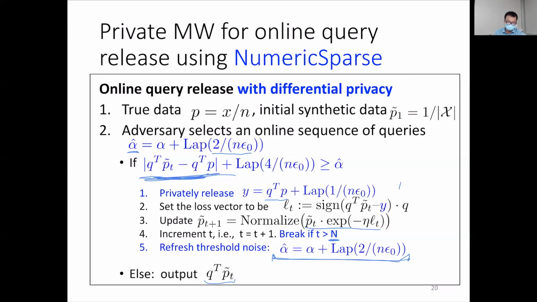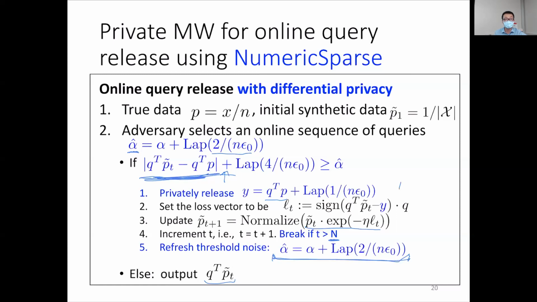And for every query that we receive, we'll have to add noise within this if statement, right? So that's up to k Laplace random variables. And in addition, each time this one is above threshold, which happens at most n times, the private release of this query by looking at the actual data is also at most n times.